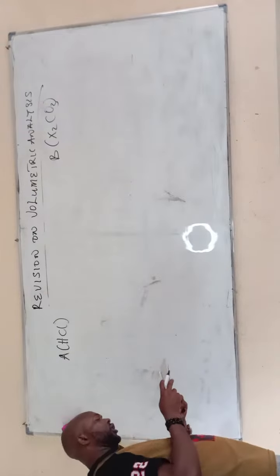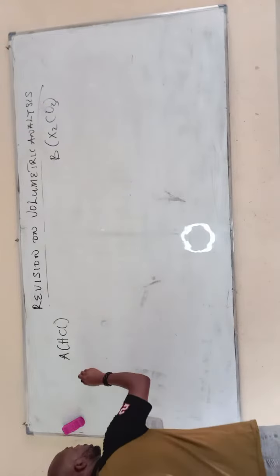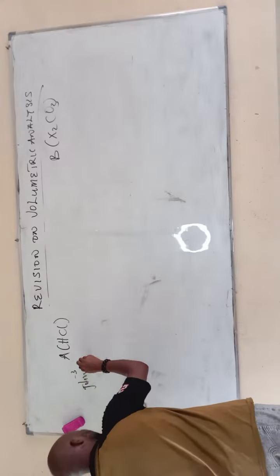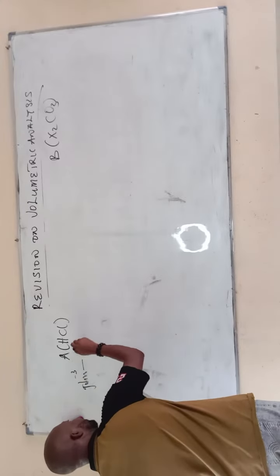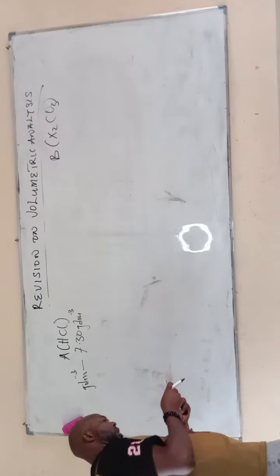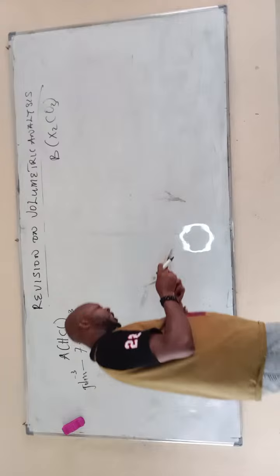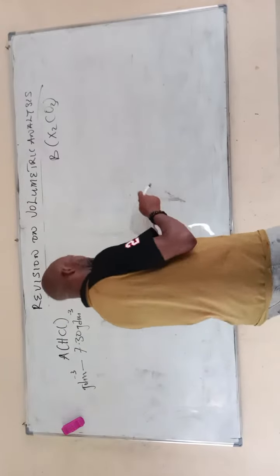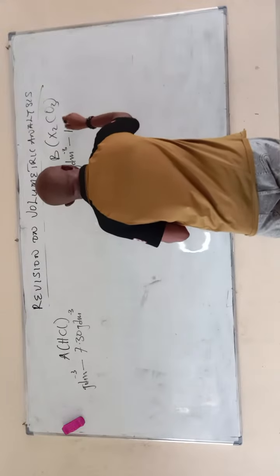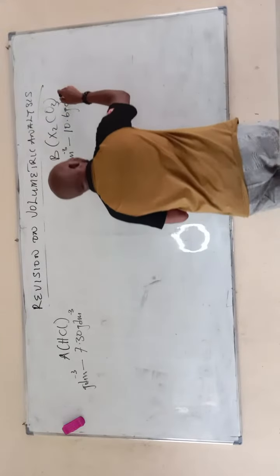A is a solution of HCl containing 7.30, so the g/dm³ of A is 7.30. B is a solution of X2CO3 containing 10.60, so the g/dm³ of B is 10.60 g/dm³.